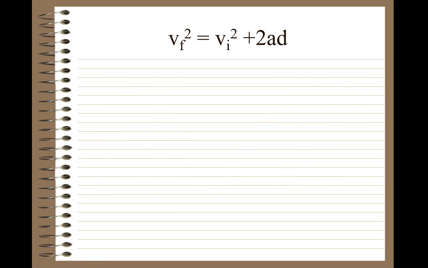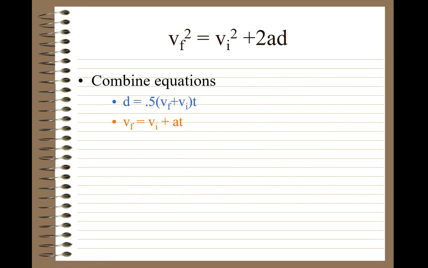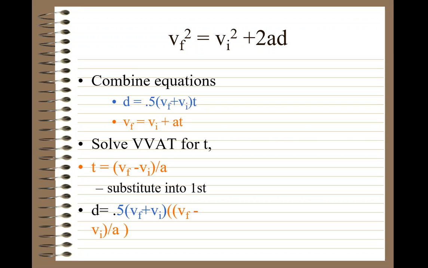Next equation, the VF squared equation. This is the fanciest math rearranging that you'll have. These two equations, once again, rearranging the VVAT equation for t and then substituting into the first equation, you get this messy guy down here. But wait, it gets messier.